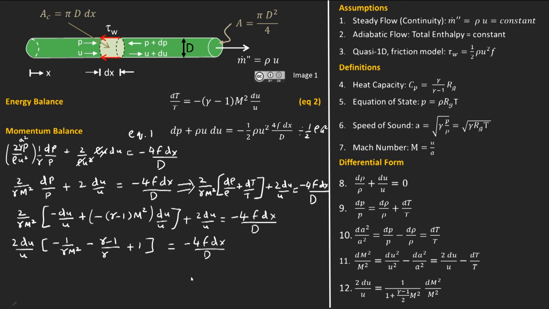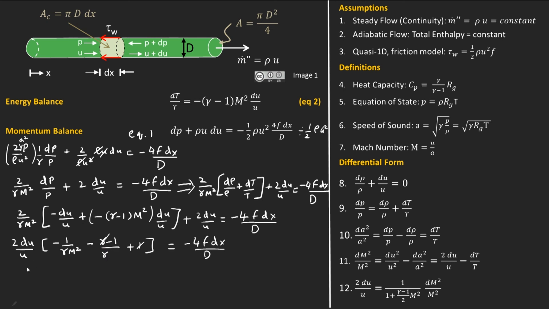Good. We can see from this expression that if we divide this numerator by gamma, we'll get a minus 1 and a minus 1 over gamma. If we get a minus 1 here and we have a plus 1 there, they will cancel. All we have then remaining is the minus 1 over gamma.